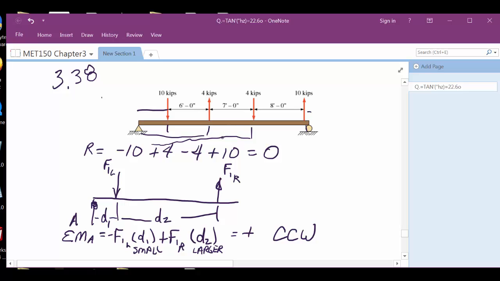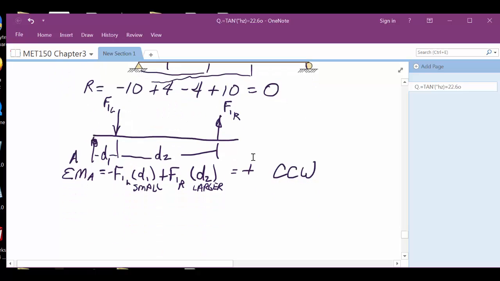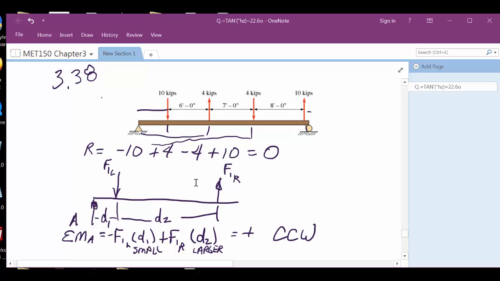If you add those up, let's do it right here. So if we do a summation of the moment, not at A or B, it was negative 4 kips times 7 feet. And again, think in terms of how did I figure that was negative?